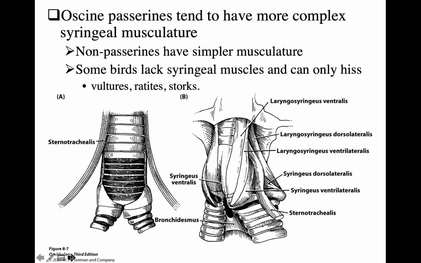The suboscines include things like the flycatchers, which do have vocalization capabilities, but they're usually not as complex as that in the true songbirds. And if you look at non-passerines, they have very simple musculature in most cases. And in fact, some non-passerines lack syringeal muscles entirely and can really only make hissing vocalizations, like vultures, many of the ratites, and storks.